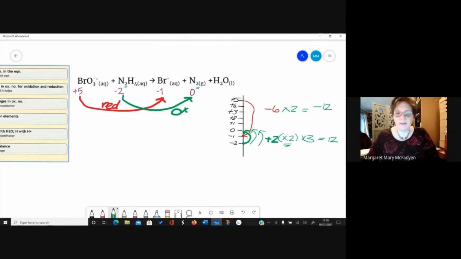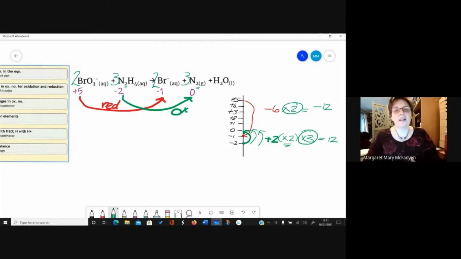So what we have here is we can start to balance our equation by taking 2 of those and 3 of these. This would give us, if we were doing this twice, 2 of those, and we would need to have 3 of these.